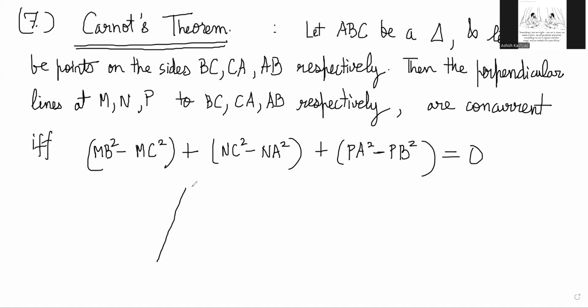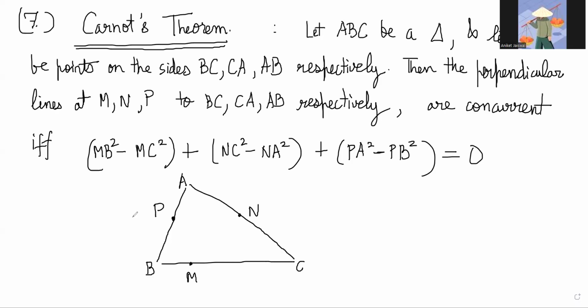Let's draw a triangle. We can take M, N and P as any random points on the sides. So you can take M as a point on the side BC anywhere you like, N as a point on the side CA, let's say here, and P as a point on the side AB, let's say here, right?